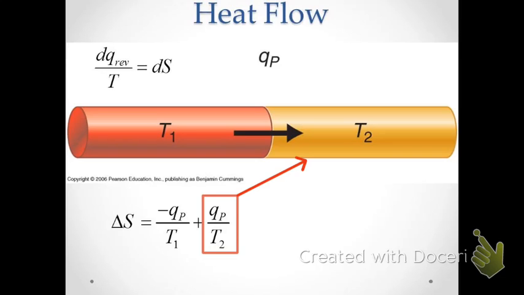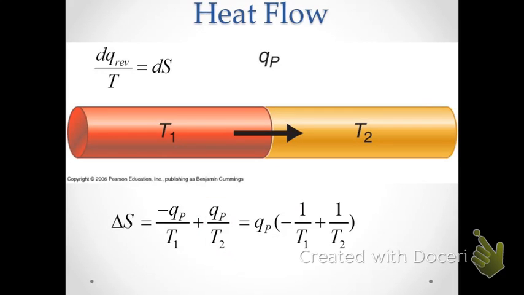So in this process, heat is flowing from body 1 at T1 to body 2 at T2, and these two terms correspond to the entropy change for these two bodies. With a little algebra, we pull out the Q sub P term, and we're left with this expression for the overall entropy change.